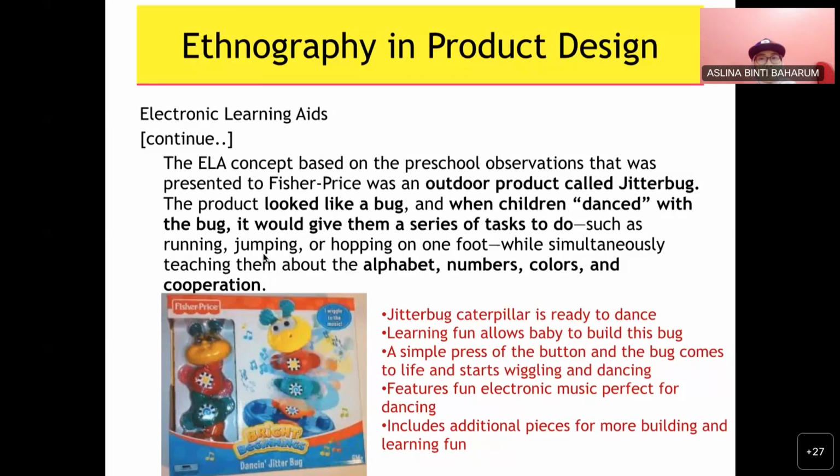While simultaneously teaching them alphabet, numbers, colors, and cooperation. For example, alphabet: singing A for apple, B for ball. So dancing at the same time, learning all this, and cooperation means they can do something together.